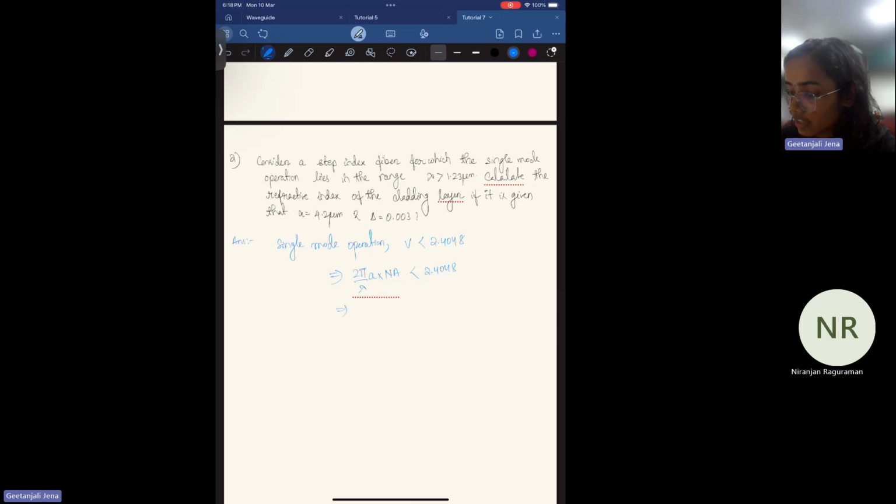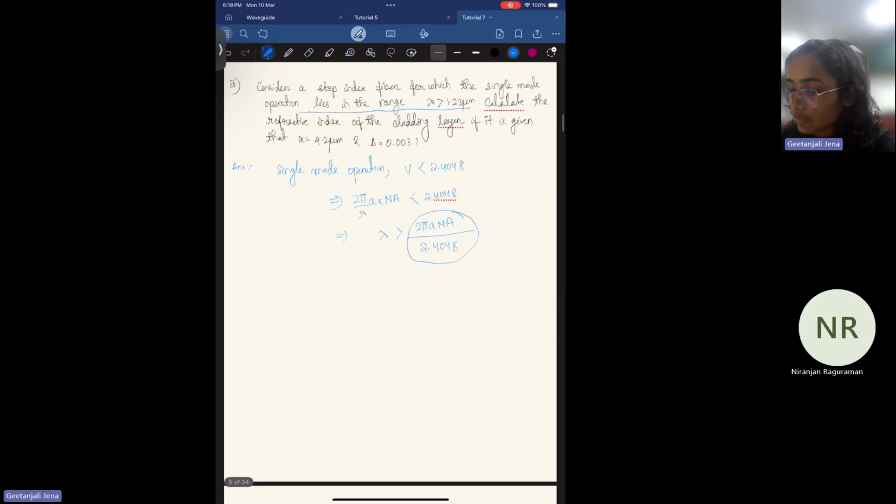So that means lambda should be greater than 2 pi A NA over 2.4048. This value is already given in the question. You can see it is given that the single mode operation lies in the range lambda greater than 1.223 micrometer. So that means this value is equivalent to 1.223 micrometer.